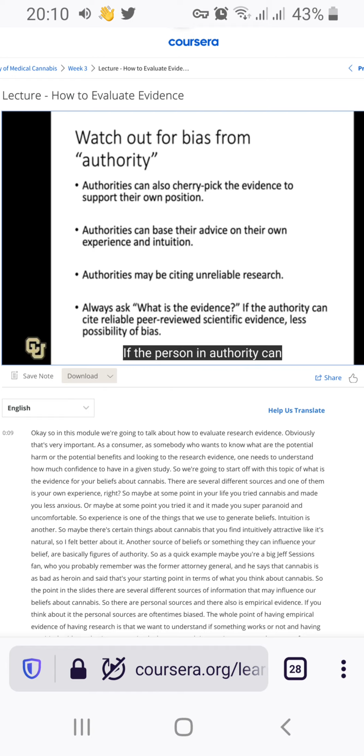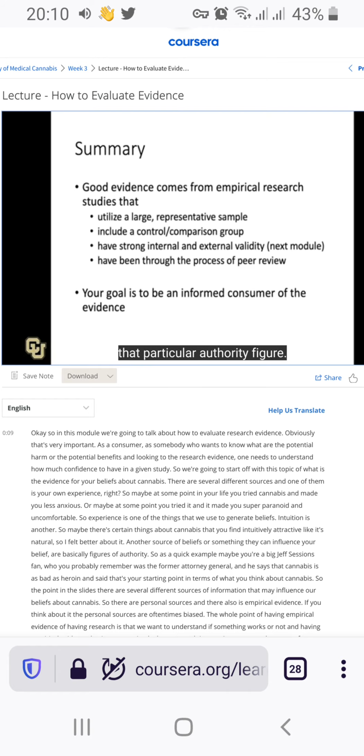If the person in authority can cite reliable, peer-reviewed scientific evidence, there's less possibility of bias for that particular authority figure.